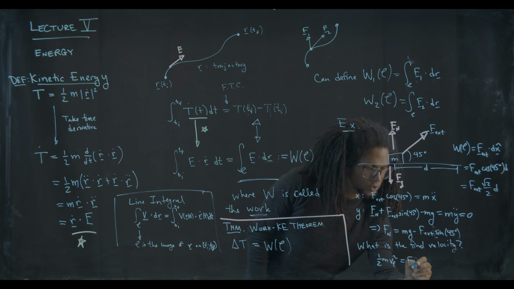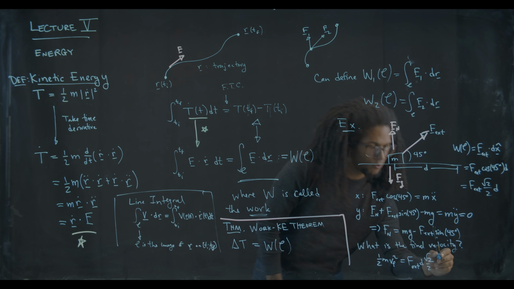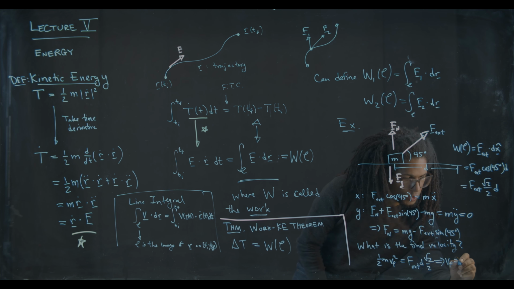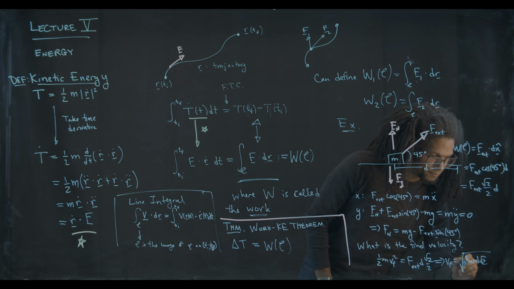So it's equal to F external times d root 2 over 2. Notice that these halves cancel. I move the m over to the other side, and I get that vf is equal to the square root of F external d root 2 over m, sorry.